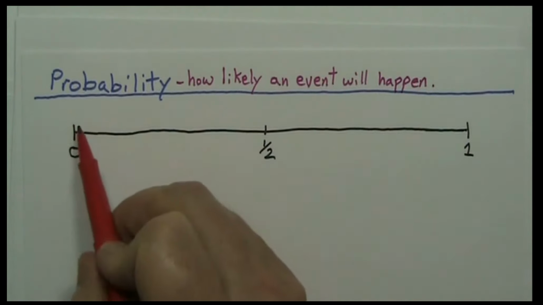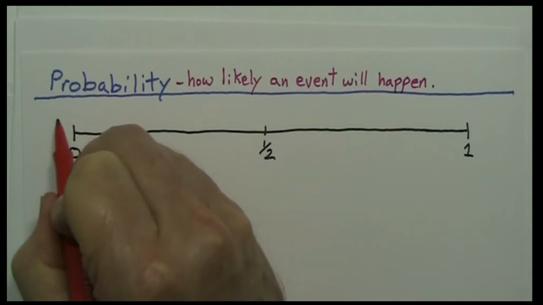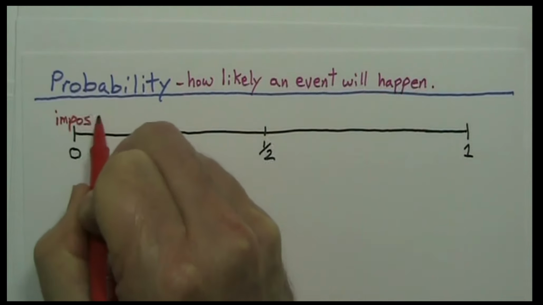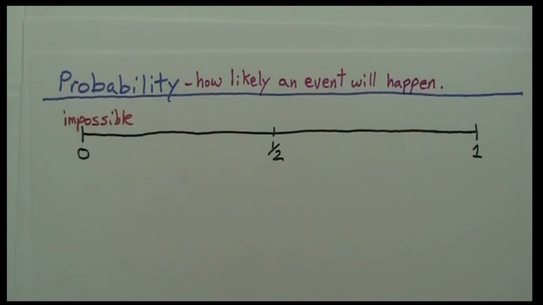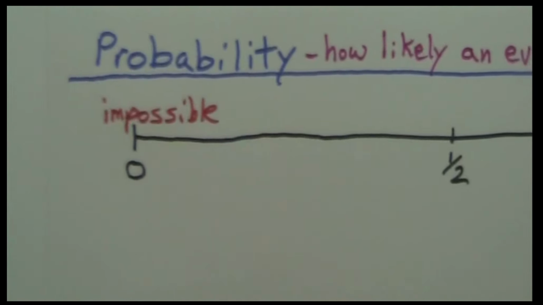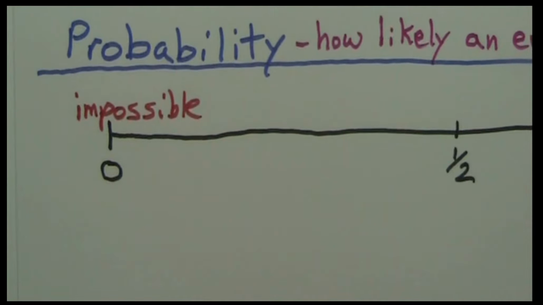And if something is not going to happen, there's zero chance it's going to happen, we say that it's impossible. There's no chance that it's going to happen.